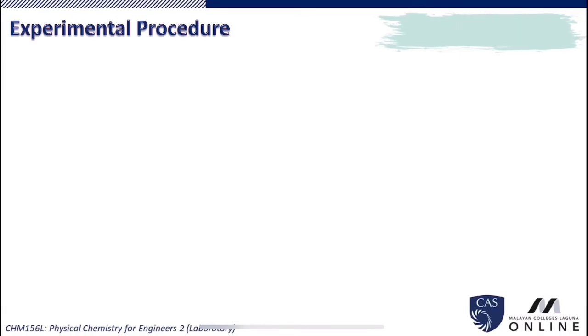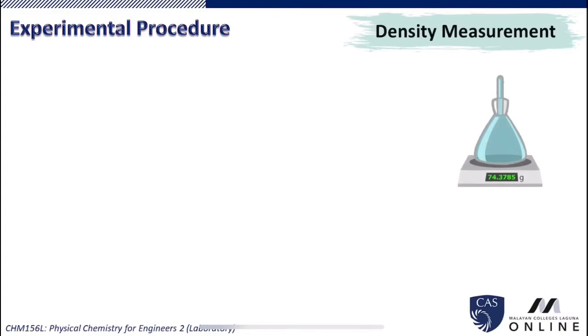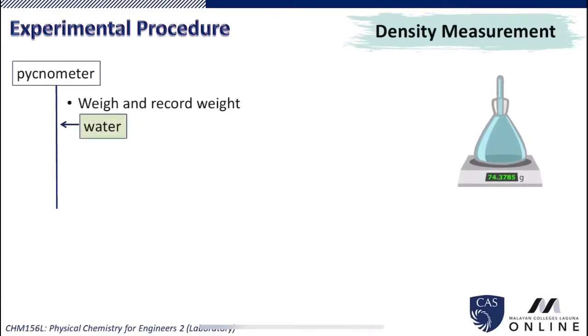And then after that, I make use of the pycnometer to determine the density. What you have to do first is weigh the pycnometer and record the weight. And then you place water, that is our standard, and record the weight of the pycnometer and water. After that, I remove the water and make sure that it is dry.